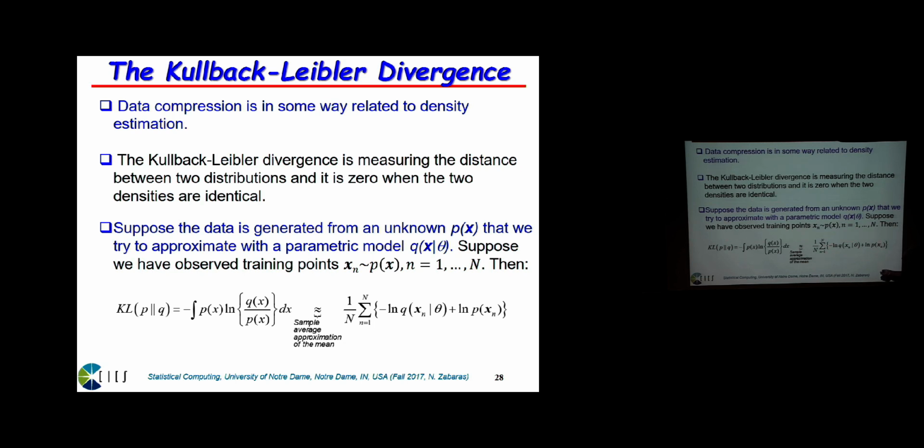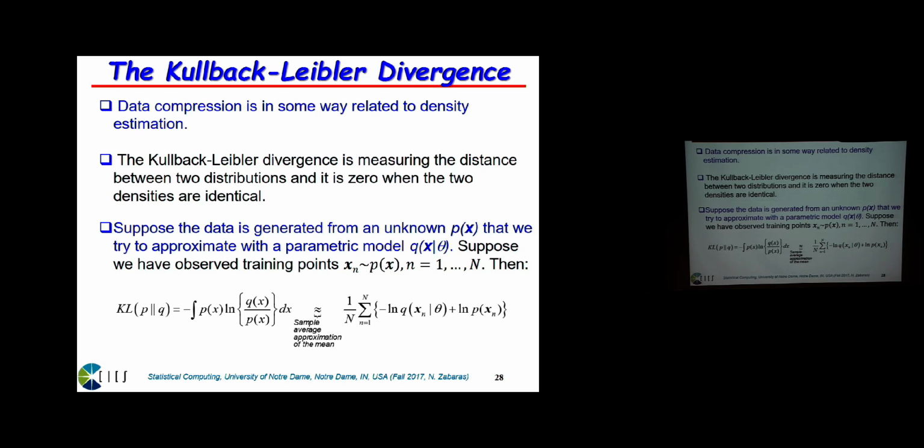Well, if you are going to have an approximation of Q, and let's say the Q approximation is a Gaussian, you're going to have some unknowns in that Gaussian, and let's call these unknowns, like mean and variance, theta. That's why you see this theta on Q, all right? So theta are the parameters in the distribution Q that you're going to try to fit so that you minimize this distance.